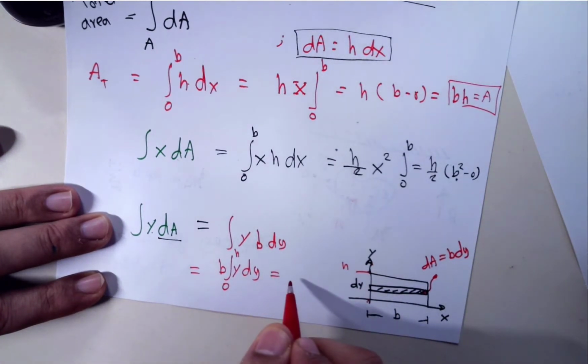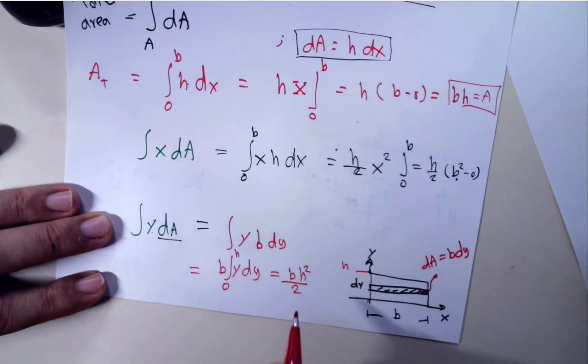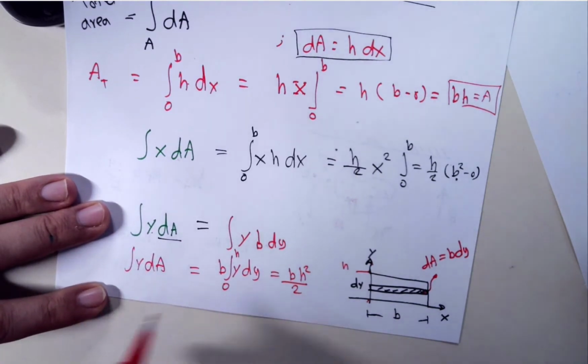So this is going to be equal to b h squared over 2. So this quantity is already found.